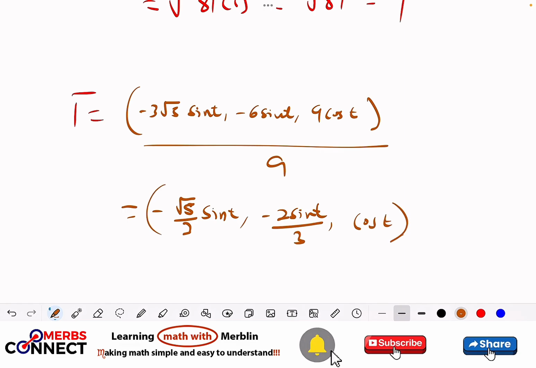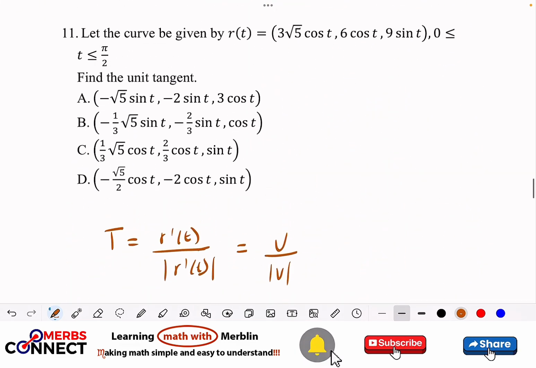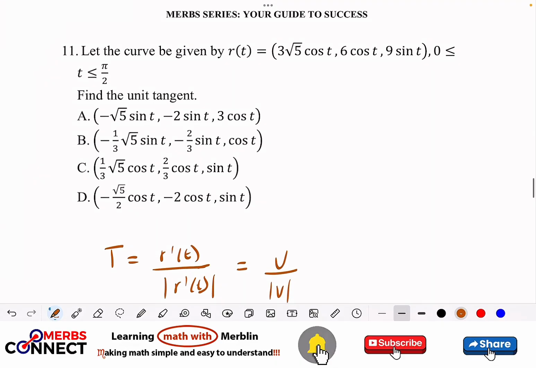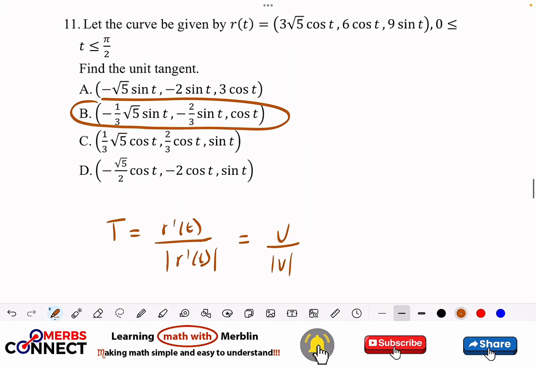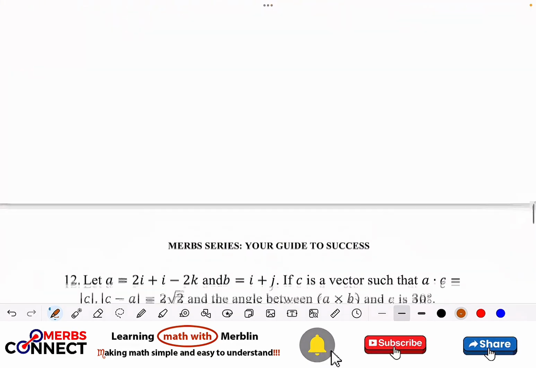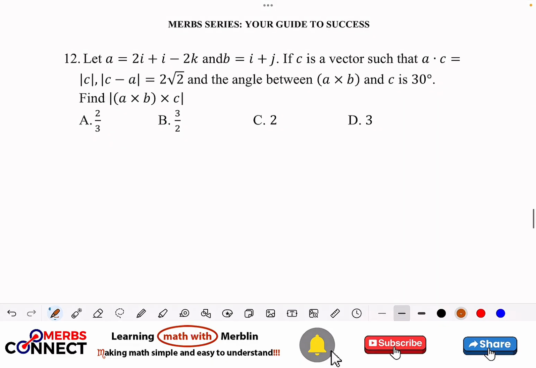So let's see the best option there. Okay, so the best option here is this here. So this is what I'm going to get at the end of the day. So this is the unit tangent. Let's look at question 12. Question 12 is so interesting. Very, very interesting. So we want to find A cross B.